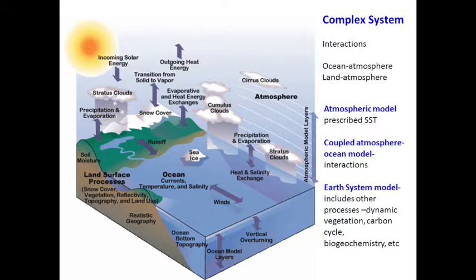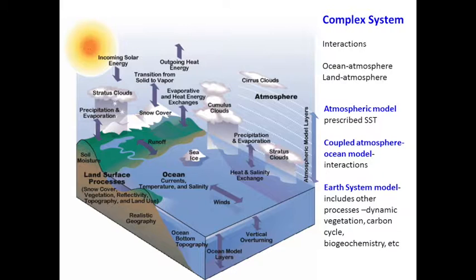And an Earth system model, that is the model that has been considered in many climate change studies. This kind of model includes other kinds of processes. For example, the dynamical vegetation. What is dynamical vegetation?